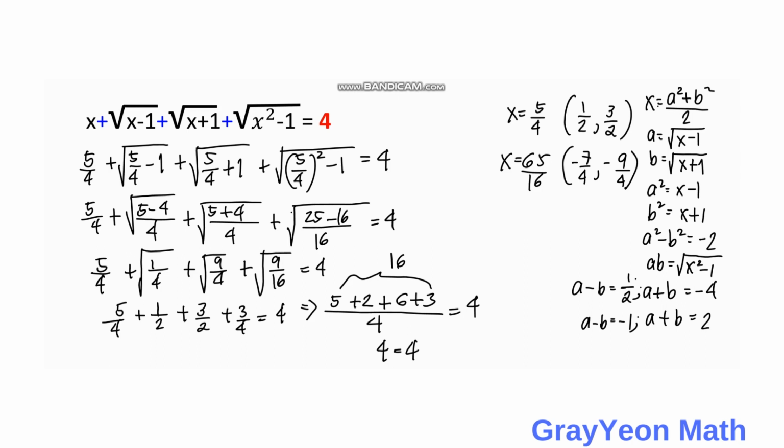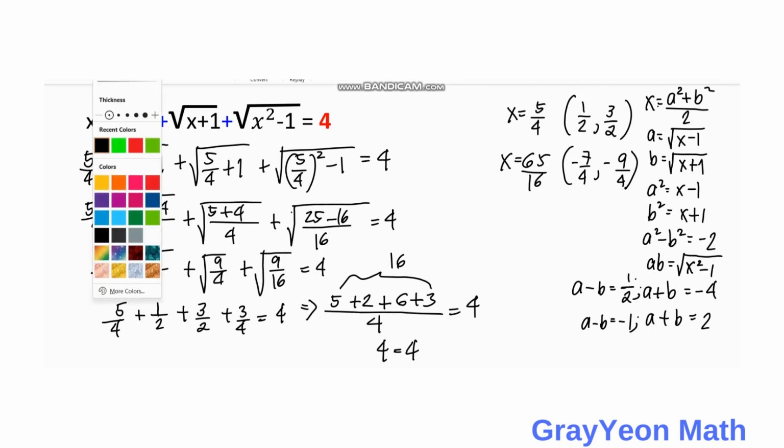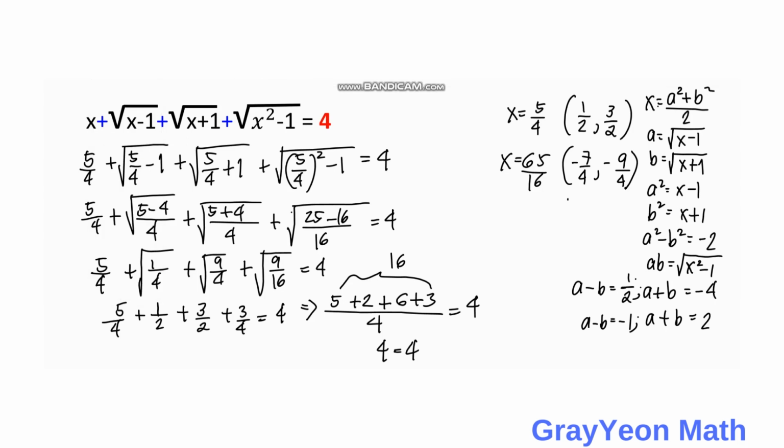But on the other hand, x as 65 over 16 does not satisfy the equation. So we have only one solution for this, which is 5 over 4. And that is our answer, 5 over 4.